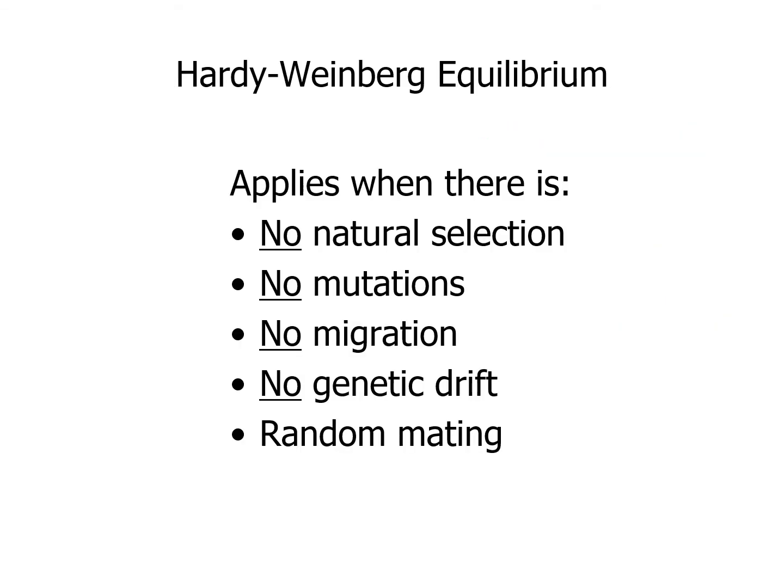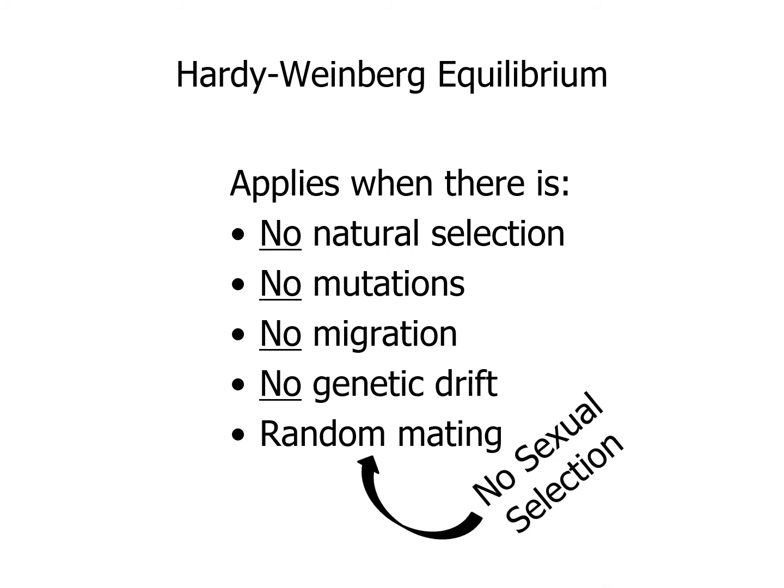There are a couple things that we need to assume when we are using the Hardy-Weinberg equilibrium: that there is no natural selection occurring, no mutations occurring, no migration occurring, no genetic drift occurring, and that random mating is happening. What random mating means is that we're just eliminating sexual selection.